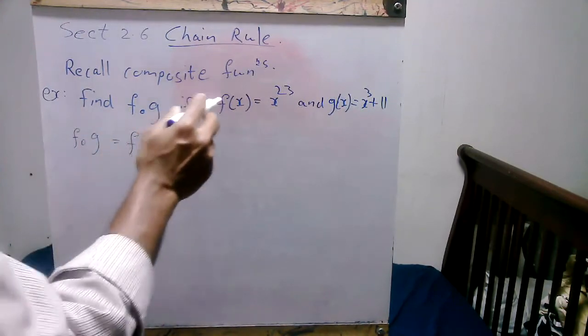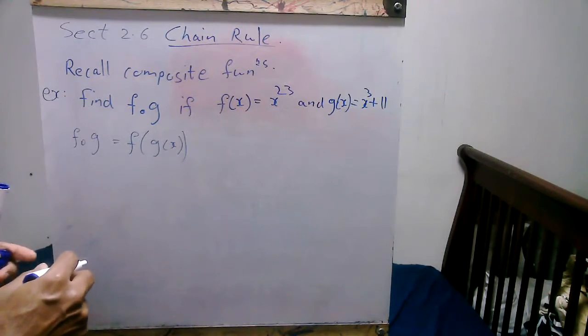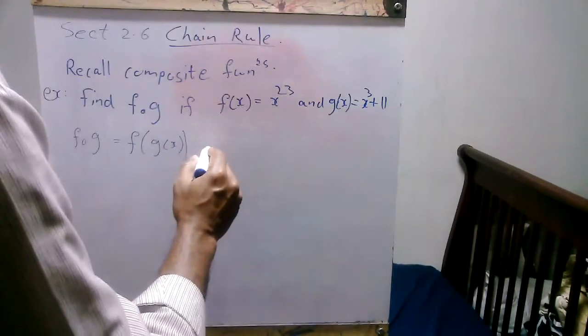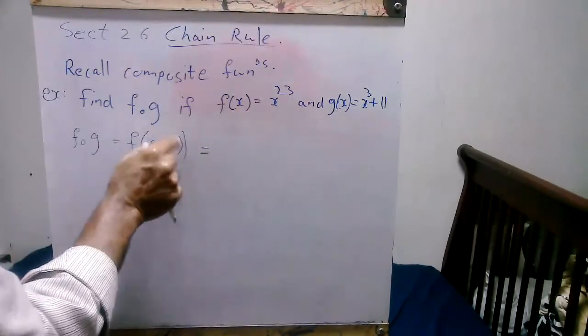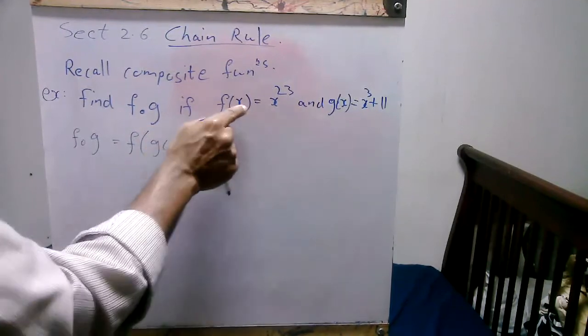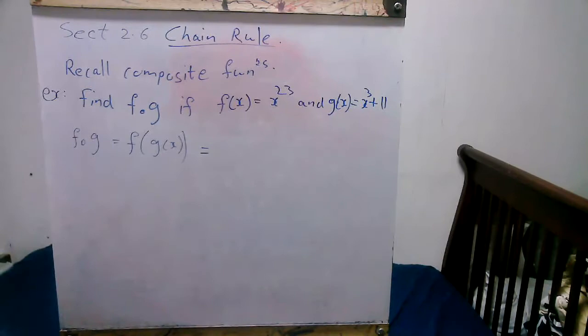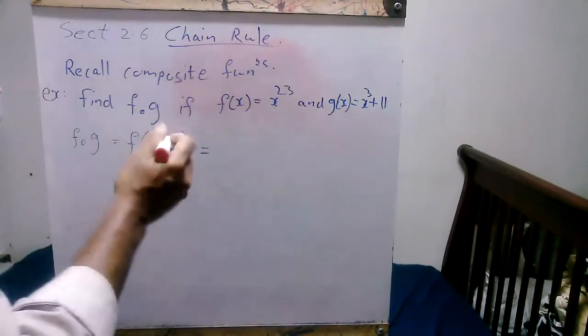Now f of x is x to the power 23. Let's see. If this part is x, f of x is x to the power 23. Let me use a different color.